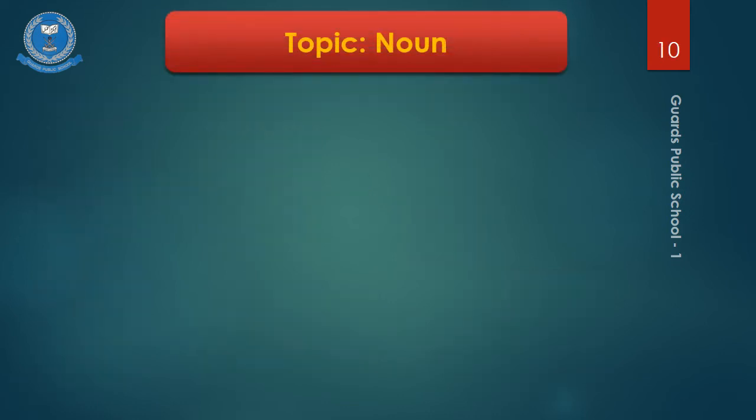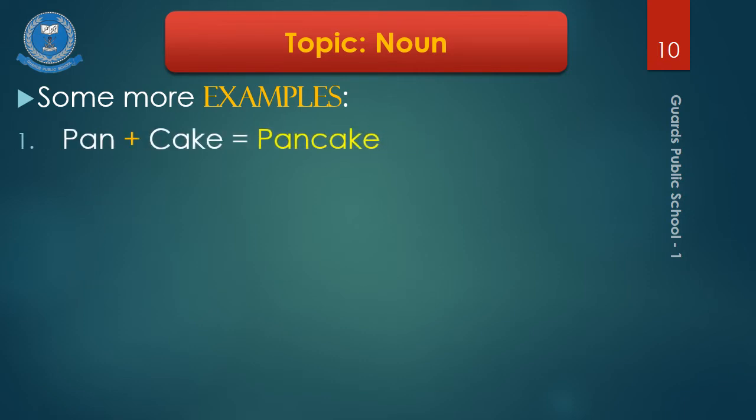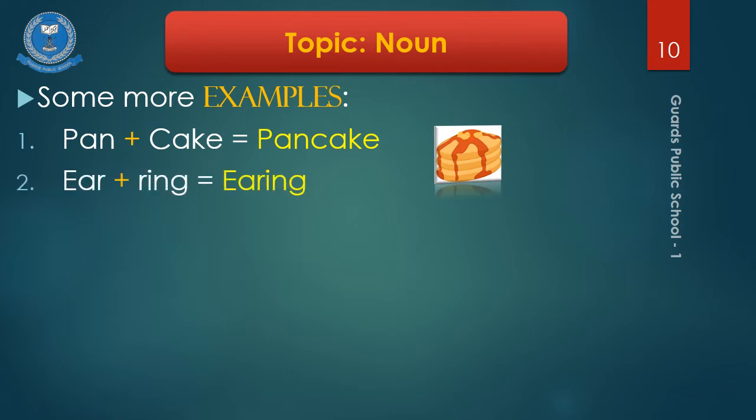Let's see some more examples. Number 1, pan plus cake is equals to pancake. And here is the picture of a pancake. Number 2, ear plus ring is equals to earrings.